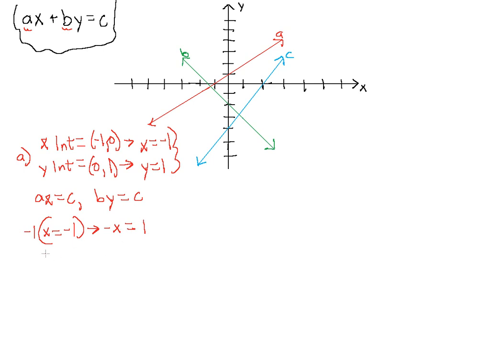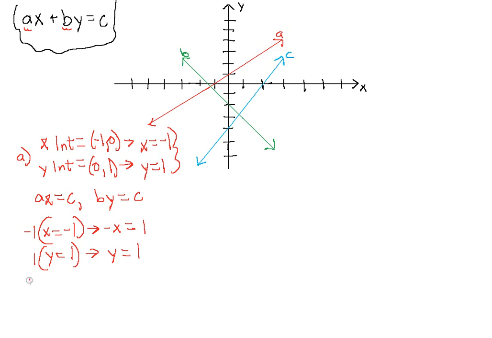And for the y equals 1 intercept, let's pick a number at random, let's say 1. What does that give us? That gives us y equals 1. Well, actually, what we did here is we multiplied both intercepts by some number so that they give us the same number c, which equals 1.